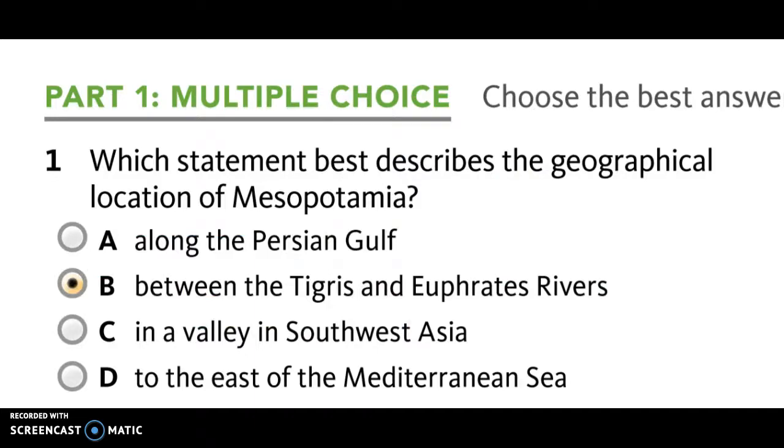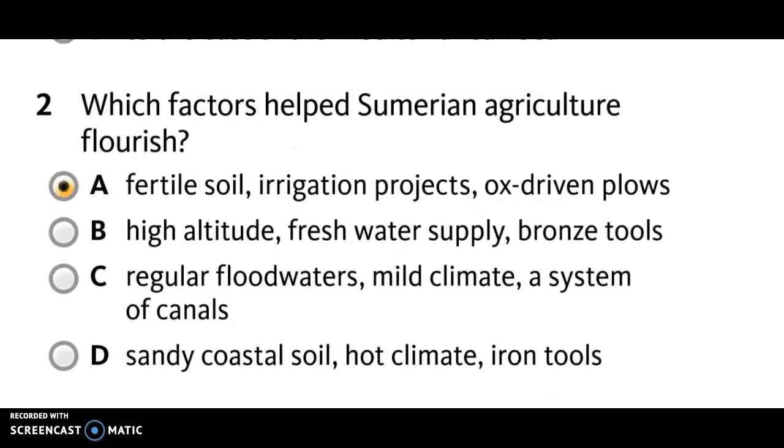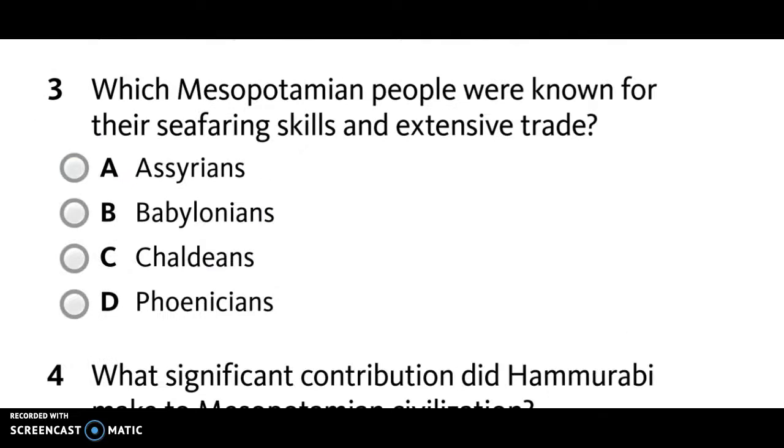And then we go to the next question. Which factors helped Sumerian agriculture flourish? You can pause it if you need to. Here's your answer. Instead of going one by one, I'm just going to fluidly have them go from one to the next. And you can pause it as needed to write your answers down and just see how you do.